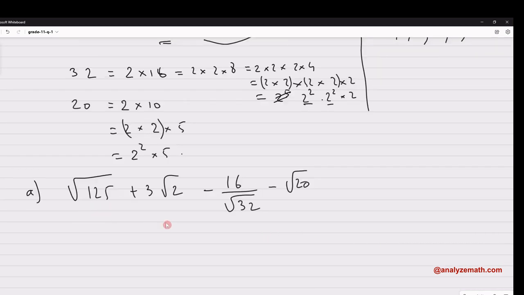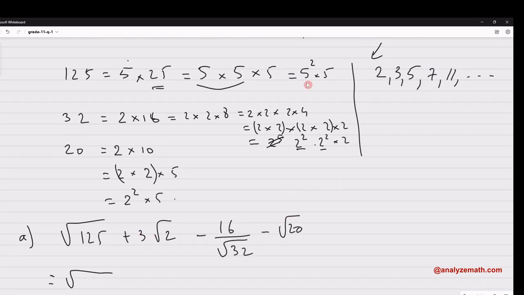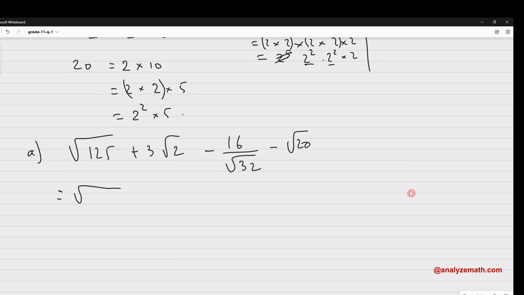So now this is the expression we have to simplify. Remember part A? So what we need to do next is to substitute each number, 125, by what we found here. Let's underline it. 5 power 2, a perfect square, times 5. Now this cannot be simplified.